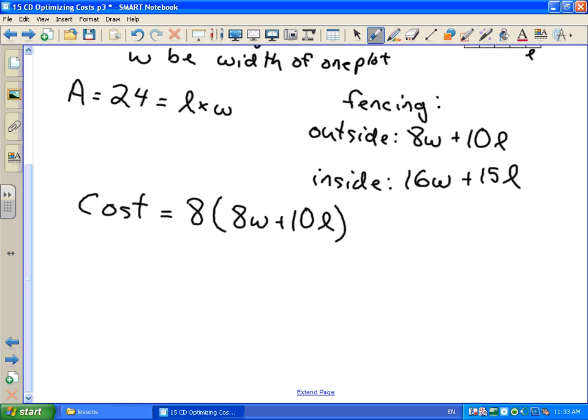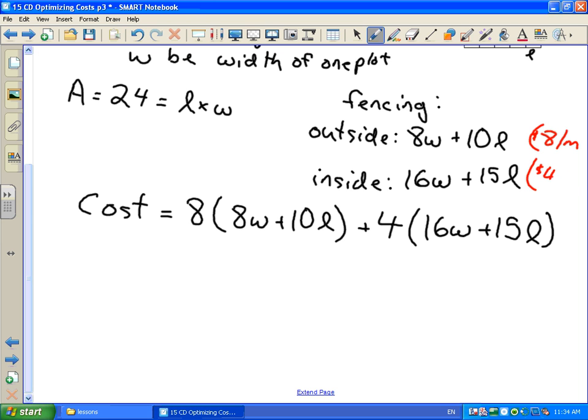Stuff on the inside costs $4, so we're going to have 4 times (16W plus 15L). And I'll just add in that this stuff over here is our $8 per meter, and this over here is our $4 per meter.